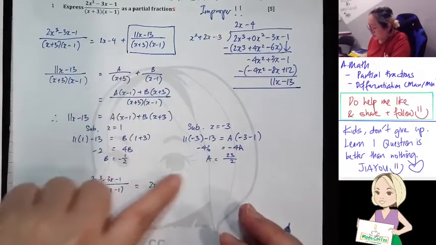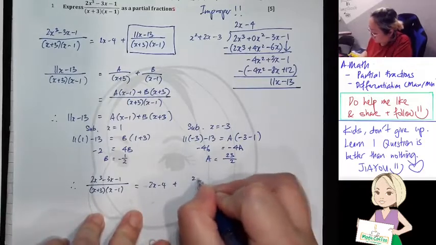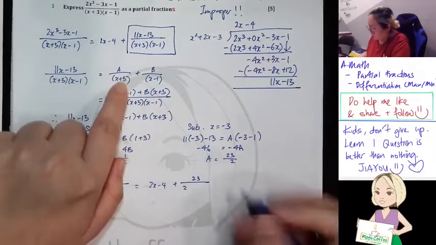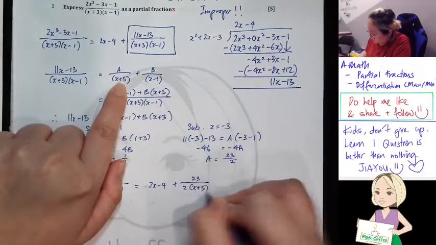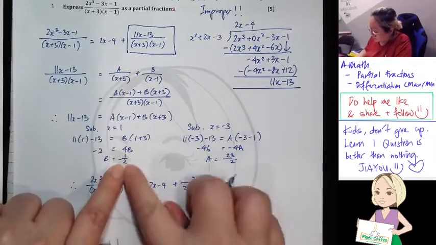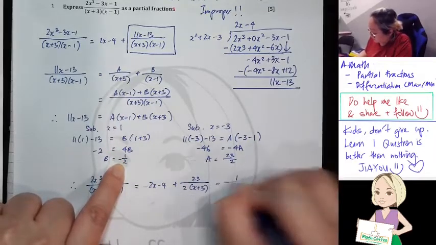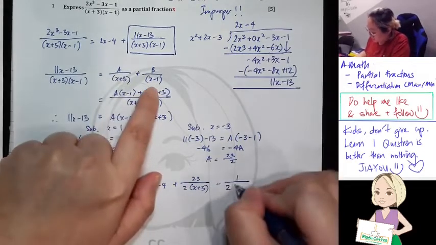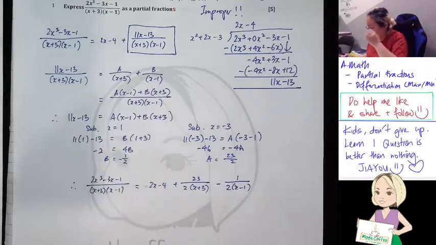My a is 23 over 2, so you will write 23 over 2 with the bracket x plus 3. My b is minus half, so it's minus 1 over 2 times (x minus 1). And you're done.